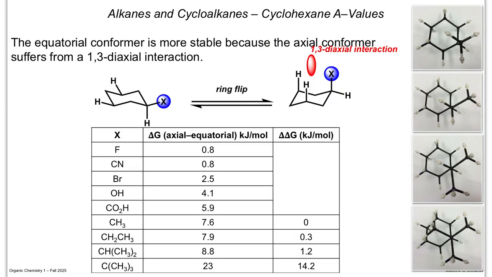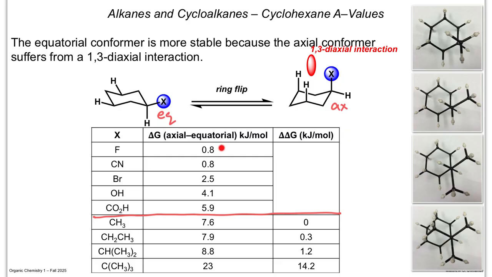So what is the nature of that group X or R, where we have the equatorial versus axial? So there's X, these different functional groups you've learned. What does this mean in the middle here, this delta G?